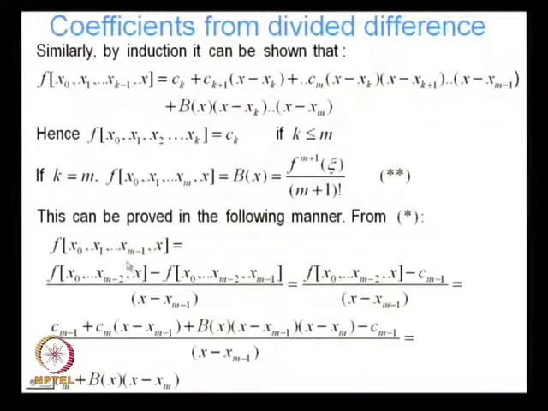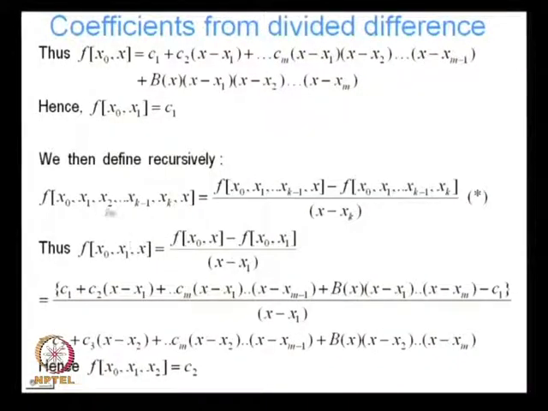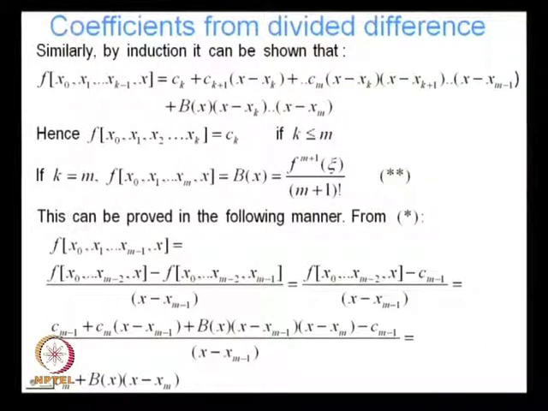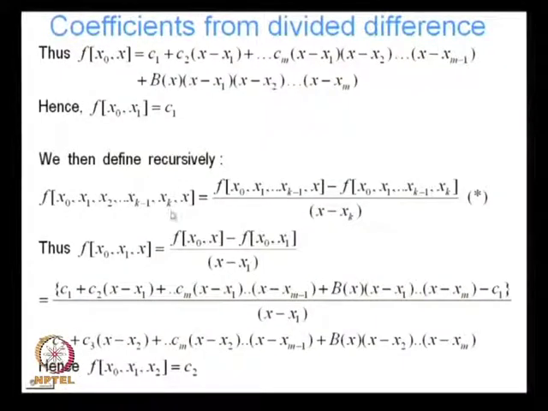This can be shown in the following manner. From this expression I can write f of x0, x1 up to xm minus 1 x. So if instead of k I have k equal to m minus 1, then I will have f of x0, x1 up to xm minus 2 x minus f of x0, x1 up to xm minus 2 xm minus 1, divided by x minus xm minus 1.